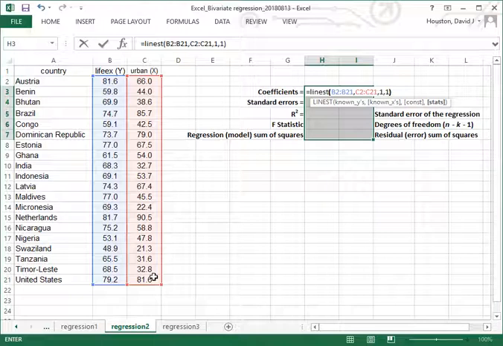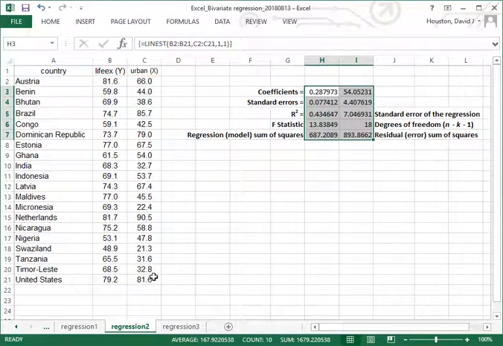So known Y's, comma, known X's, comma, 1, comma, 1. Now before you hit enter, you should instead hold down the Control and Shift, and while those are being held down, then press the enter key. Just a typical array formula process. And you notice it is an array formula. As we look up in the formula bar, the array formula is now contained within curly brackets.